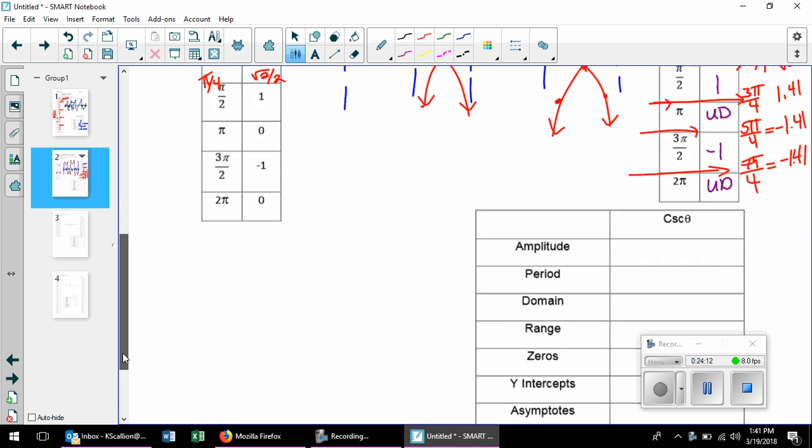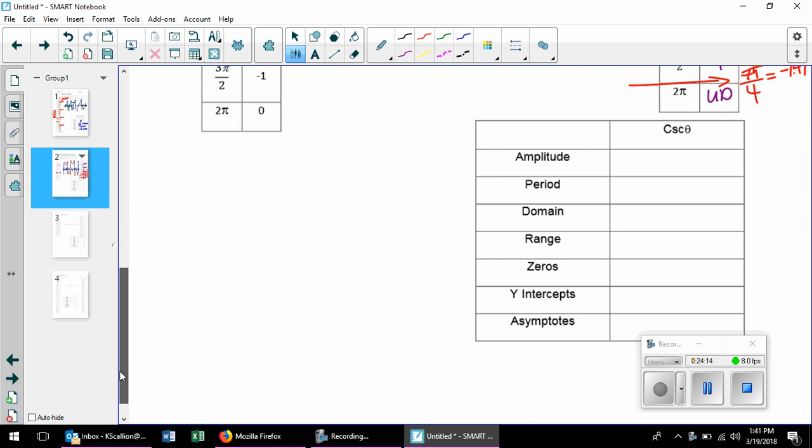What's the amplitude of this graph? That's the range. What's the amplitude? Infinity. How come?